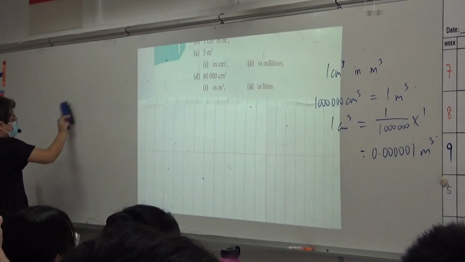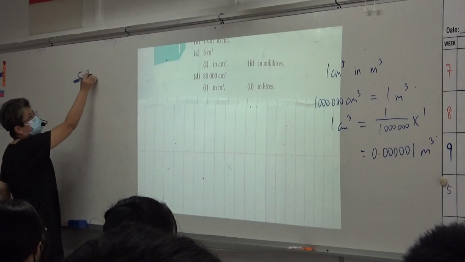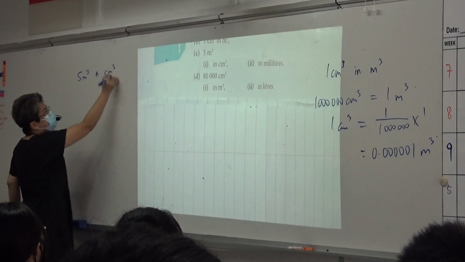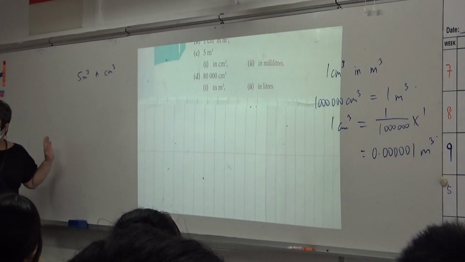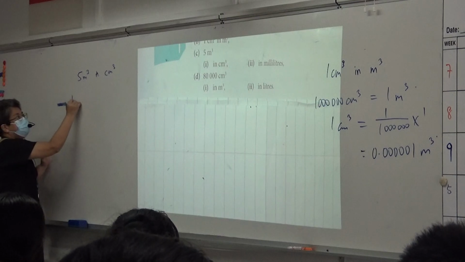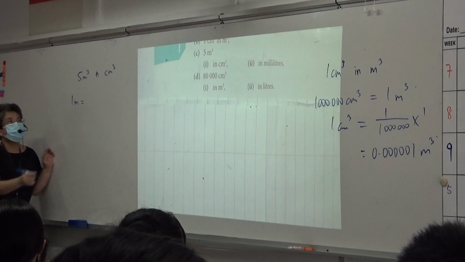Part C, they want us to find 5 meter cube in cm cube, right? Correct. I'm going to do the same way. Now look at the one. 1 meter is what? What do I do? Just now I just taught you. 100 cm.